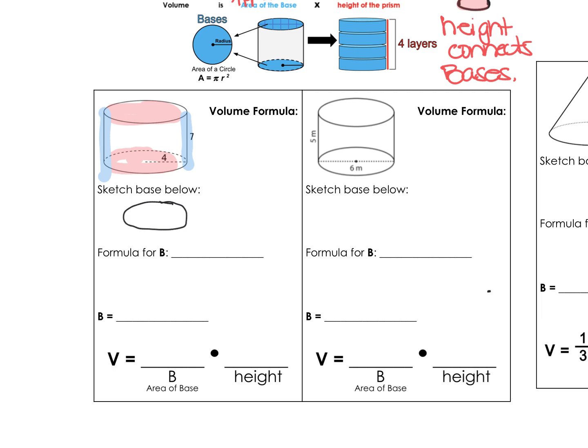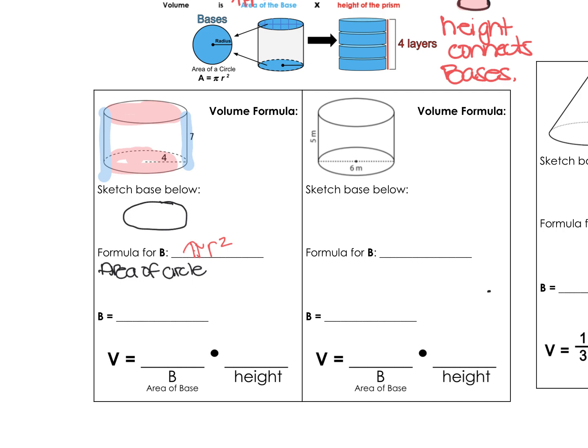So our first thing is we need to find the formula for big B. So big B is area of the base. So what I need to find here is what is the area of a circle. We know the formula for area of a circle is pi r squared. What is one thing that we need to find the area of a circle?